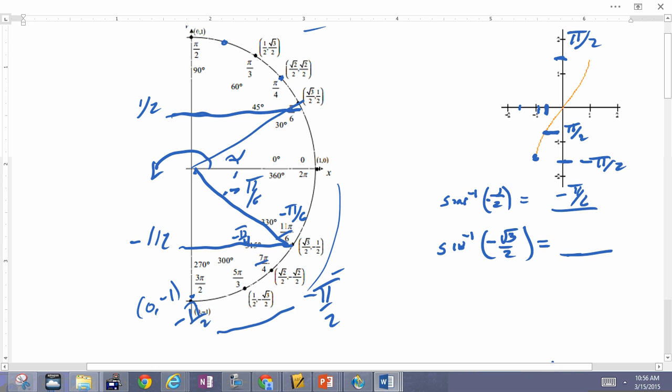On the unit circle, the negative root 3 over 2 is way down here, and the angle of rotation sweeping out to that is definitely a negative angle. You might label it as 5 pi over 3, but it is actually negative pi over 3.